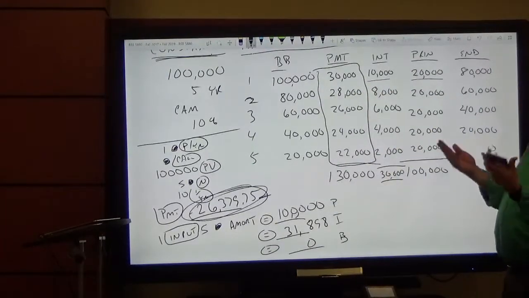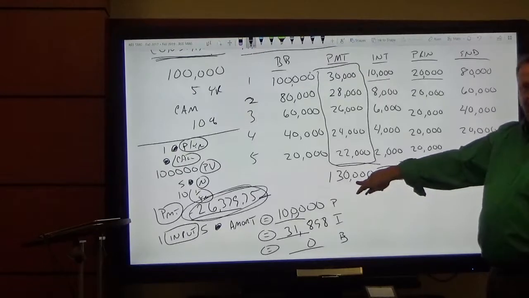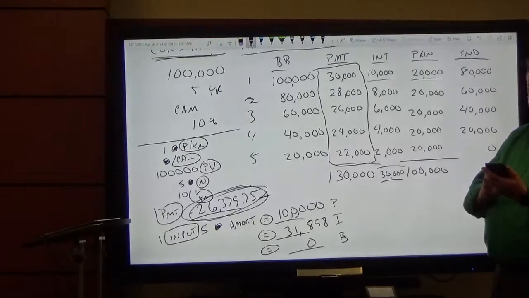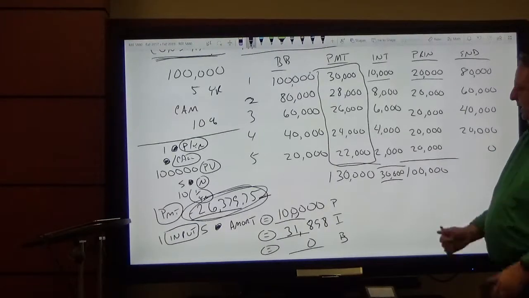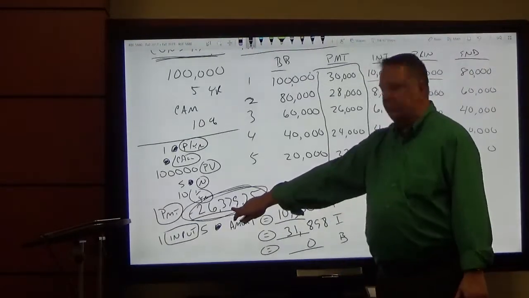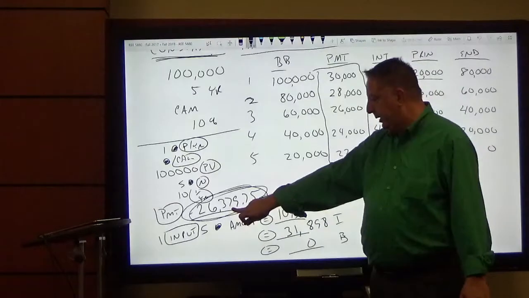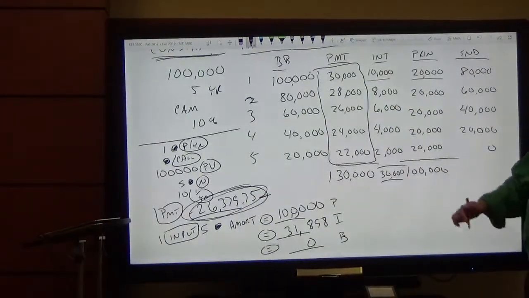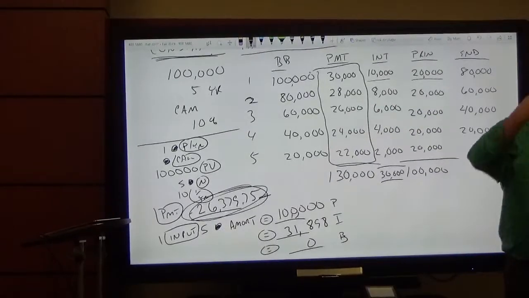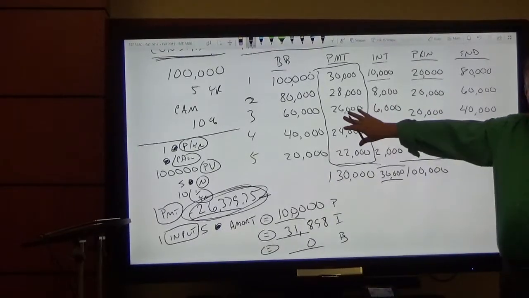Now, if you were to just simply take an average of this and take 130,000 divided by 5, it'd be 26,000 even versus $26,379. So just in terms of raw dollars, cash outflow, this would be the better deal.